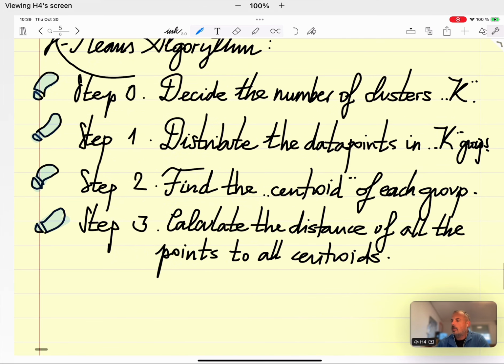And step number 4. Cluster the points. Cluster means create groups.